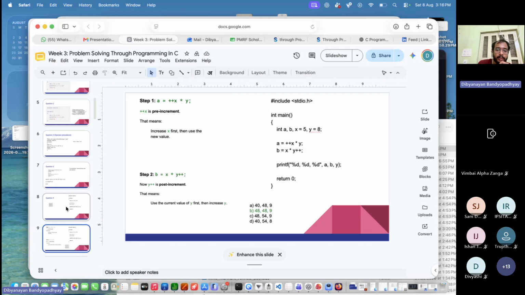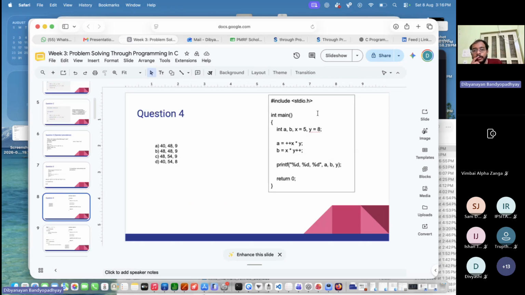So there are four variables that you are declaring, a, b, and x, and you are assigning the value of x as 5, y as 8, and these are the two operations that you are performing.